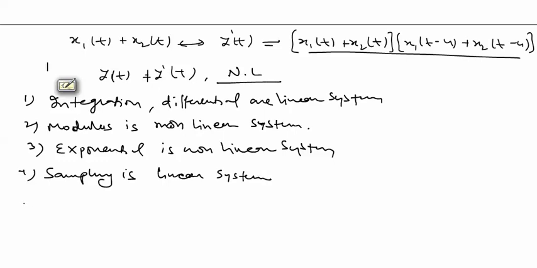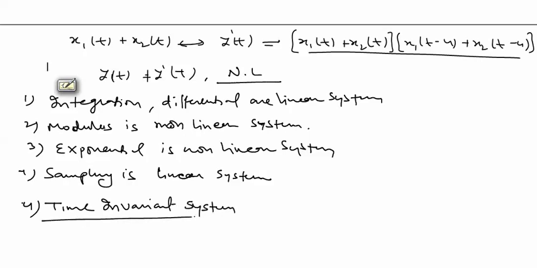Move to the next definition, next bifurcation: time invariant and time variant systems. If a system follows the time invariance property, it is time invariant, not a time varying system.